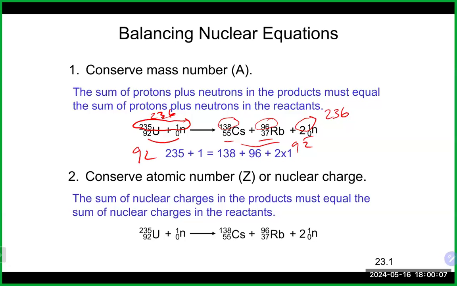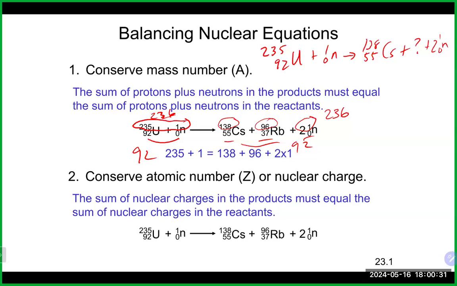So how would these be given to you? A couple of different ways. Perhaps you had something missing, like uranium-235 (92) plus a neutron goes to cesium-138 (55) plus who knows, and a couple of neutrons, right?